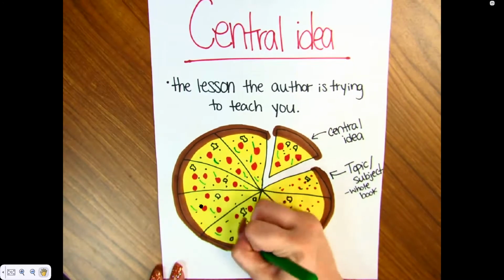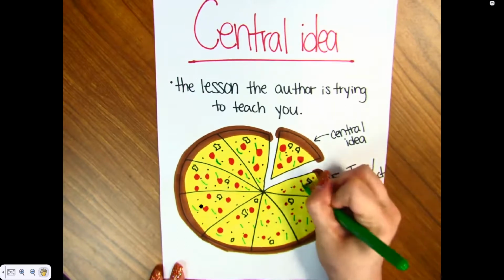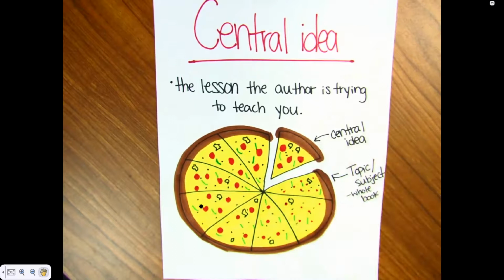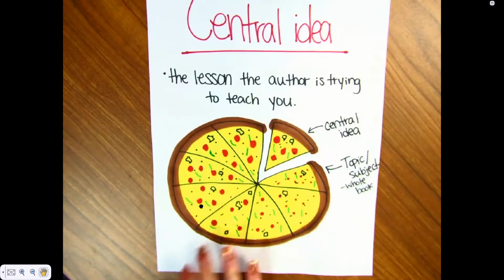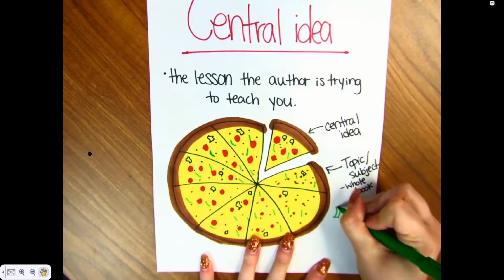Okay, so do you see I added a lot of toppings, right? Because when we're reading and we're looking for those supporting details, there are a lot of supporting details. There are not just a few supporting details.